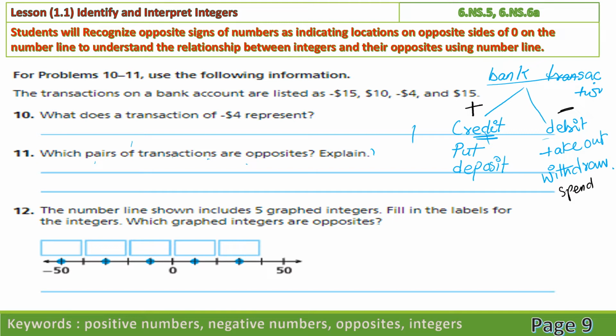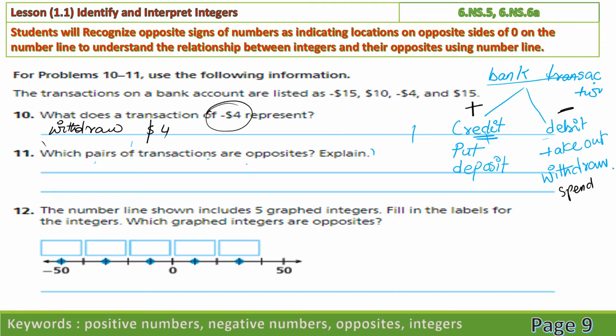What does a transaction of -4 represent? -4 represents that you withdraw $4. Use any vocabulary from here to represent your answer.